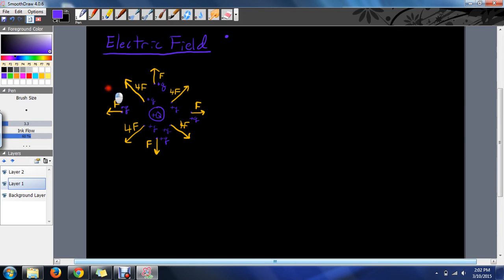And to complete the picture, let's put the charge twice as far away at varying points in a circle around our source charge, and as you could probably deduce, all of these force vectors will point away and will be a fourth of that.